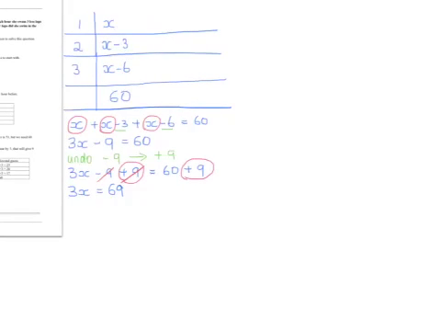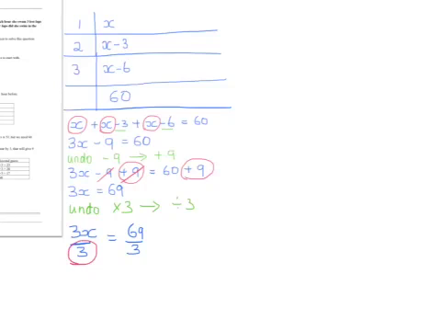So we're still multiplying x by 3, so we want to undo multiply by 3 by performing the inverse operation, which is divide both sides by 3, but remember we must do it to both sides of the equation so that the equation still balances.